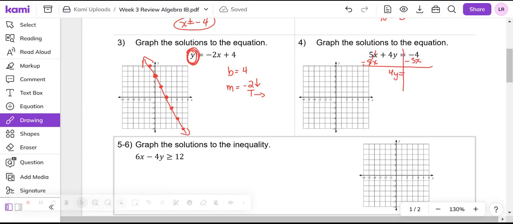I would get 4y equals negative 4 minus 5x. And then I would divide by 4. Remember to divide both values by 4. So negative 4 divided by 4 is negative 1. Negative 5x divided by 4 is a fraction. Negative 5/4 x.